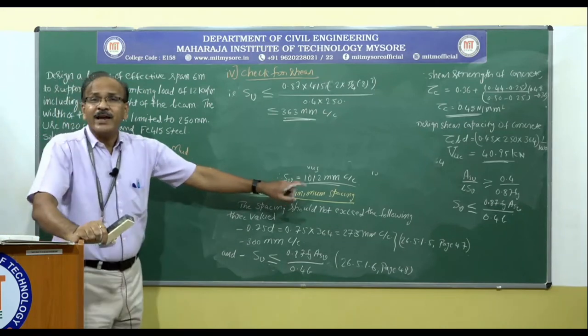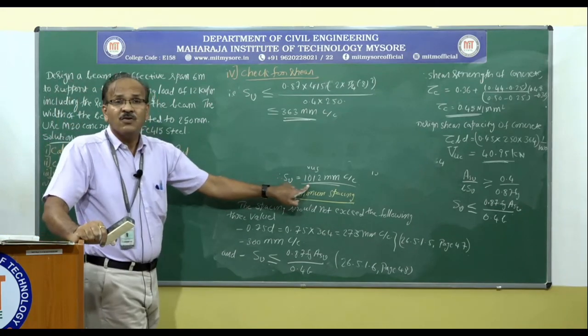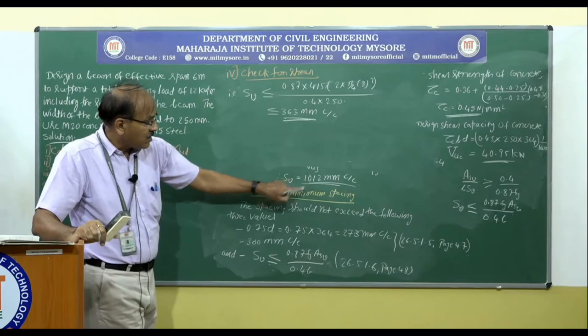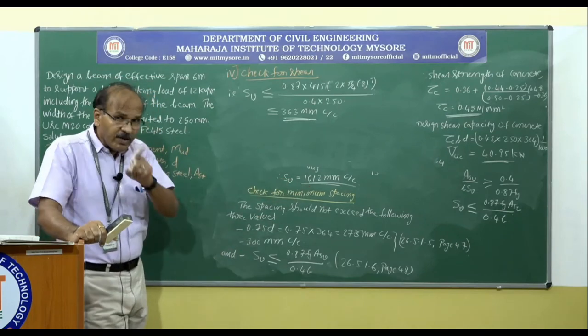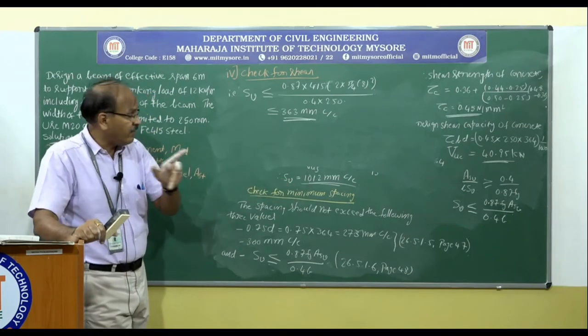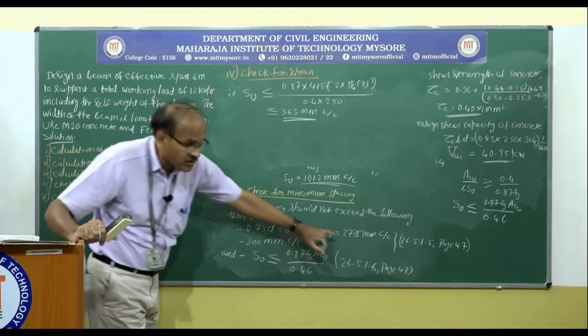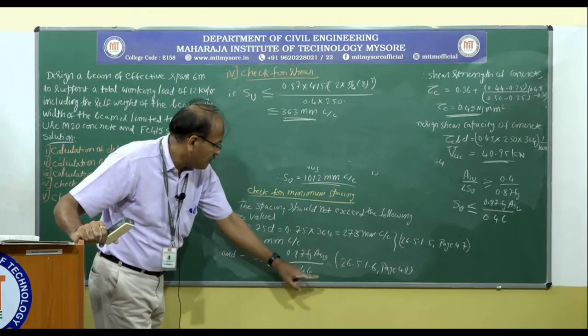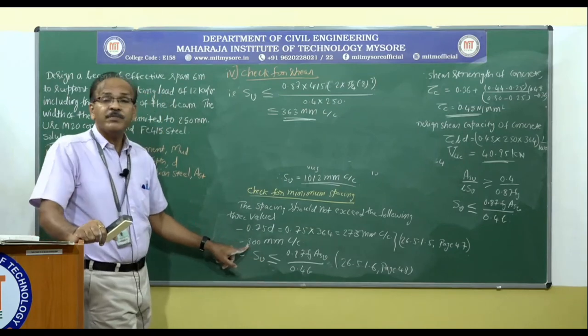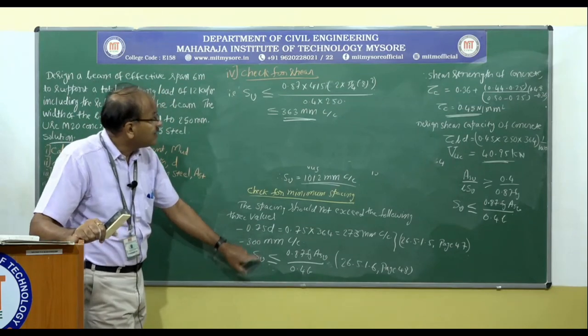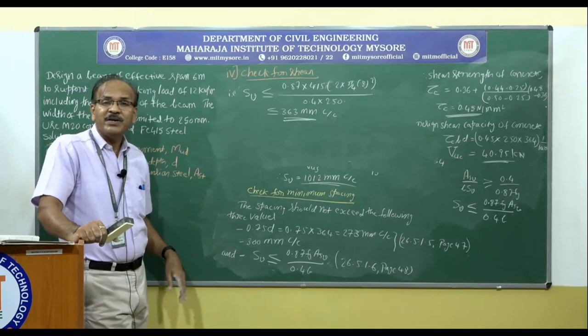See, according to the calculation, what was the value we got? 1012. But the code says the spacing should not exceed the following three values. What are those following three values? 273 millimeter center to center, another is 300 millimeter center to center, and this one 363 millimeter center to center.